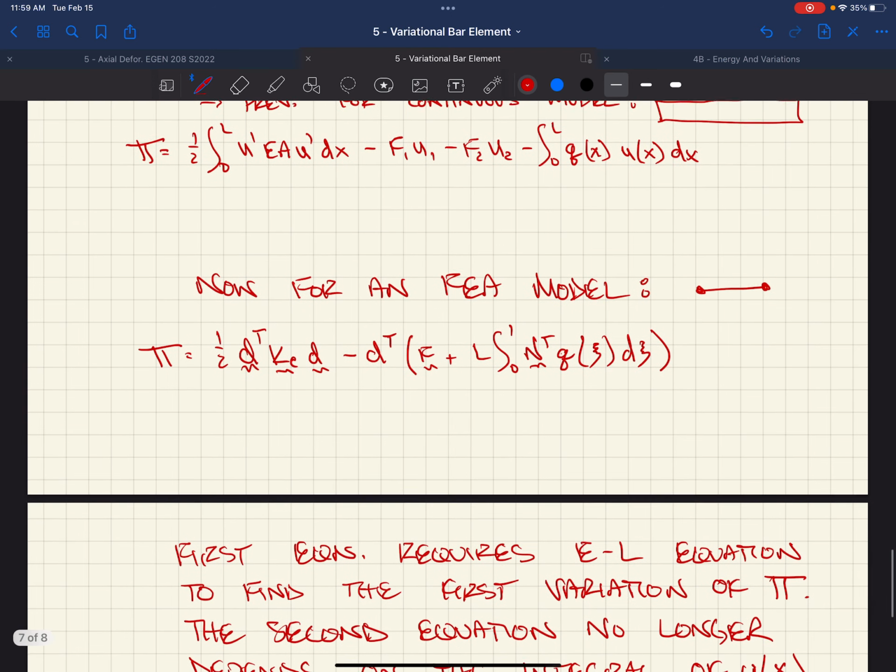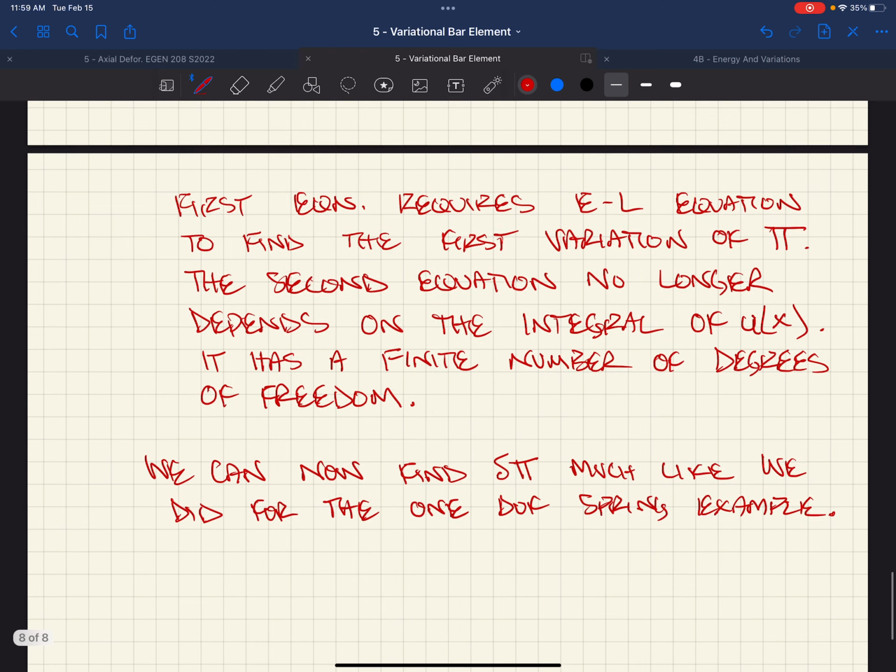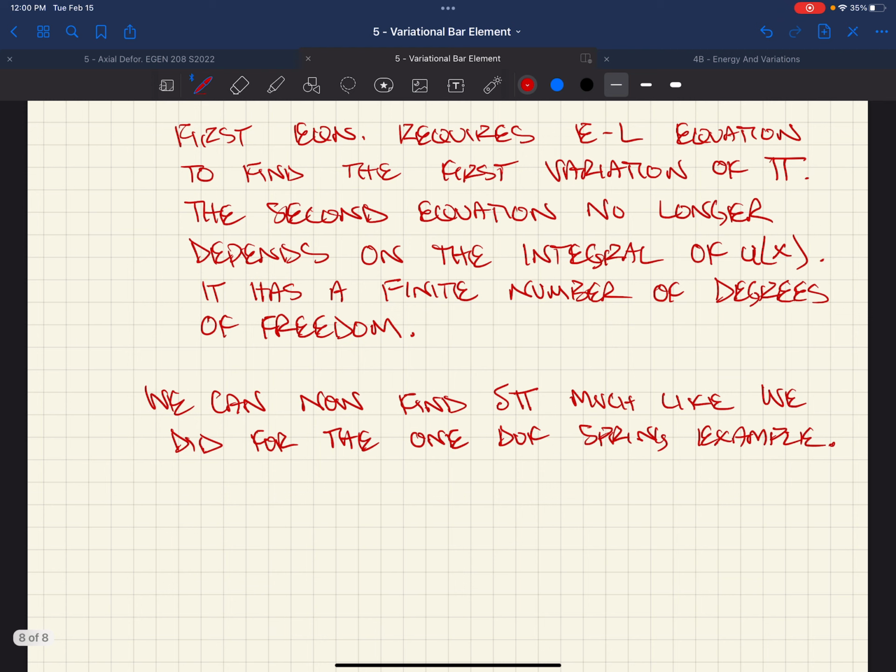It has a finite number of degrees of freedom, our d transpose, or our d matrix, so we have known nodal values over which they act. So we can now find the variation of our total potential energy, much like we did with our 1 degree of freedom spring example.